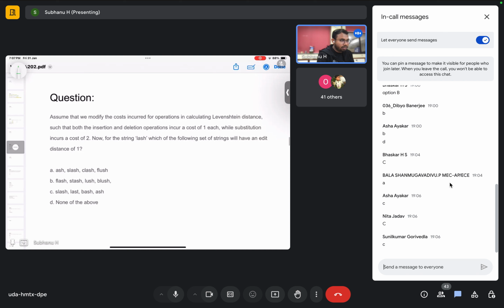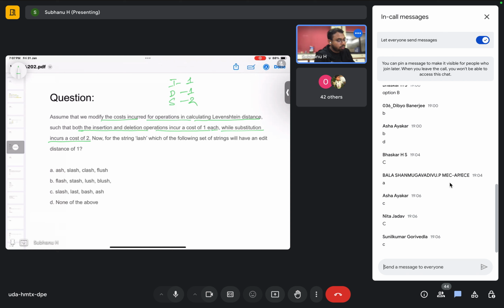Can you try this one also? Assume that we modify the costs incurred for operations in calculating Levenshtein distance such that both insertion and deletion incur a cost of 1 each, while substitution incurs a cost of 2.